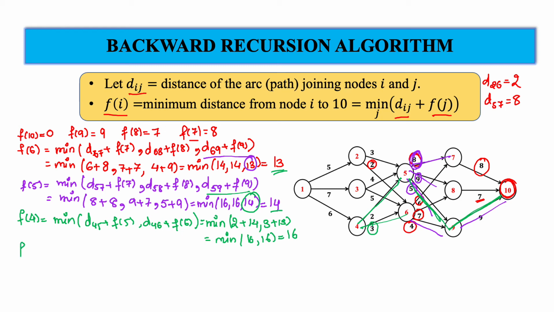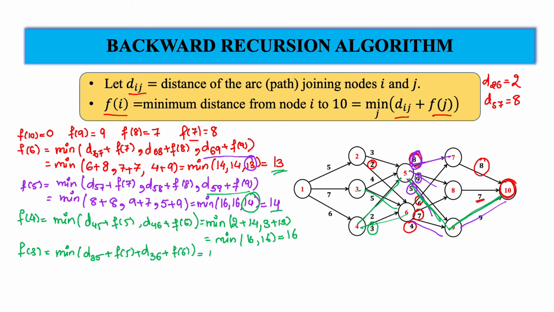Okay. Now similarly we will see what is F3. F3 is what? Minimum of D3 to 5, it is again going to 2 different nodes, plus F5 and D3 to 6 plus F6.